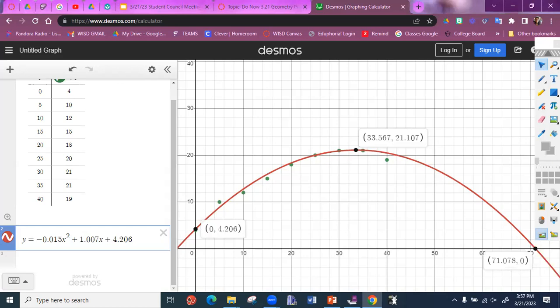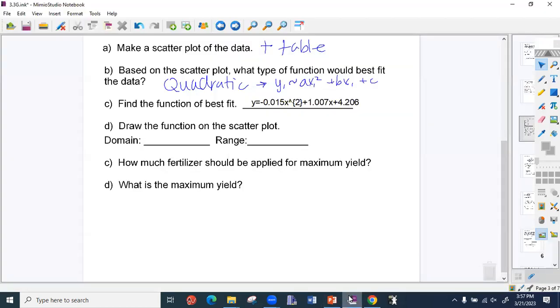So now I'm analyzing this. What is the domain here? 0 to what? 71.078. Do we see that? So X's start at 0, but they end at 71.078. So that's my domain.